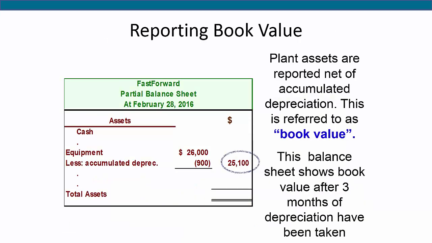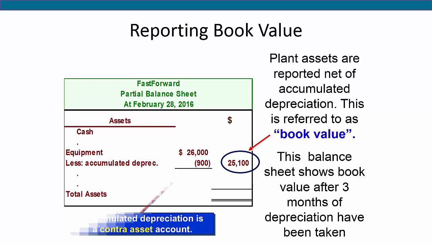As mentioned on the prior slide, the contra account accumulated depreciation will be shown as a reduction in the cost of the asset equipment. As you can see, the contra account allows balance sheet readers to know both the full cost of the asset, that would be $26,000, and the total depreciation taken to date, at this point $900.